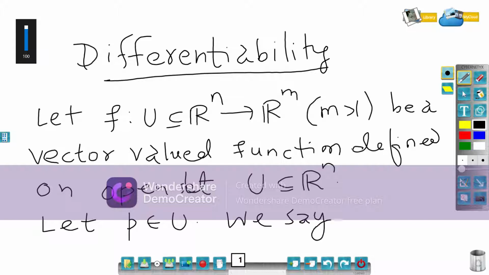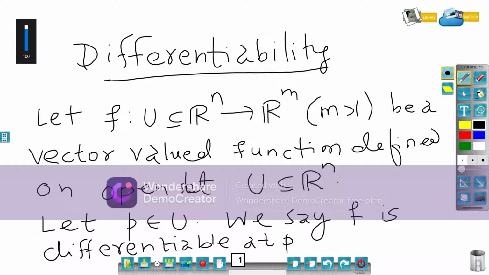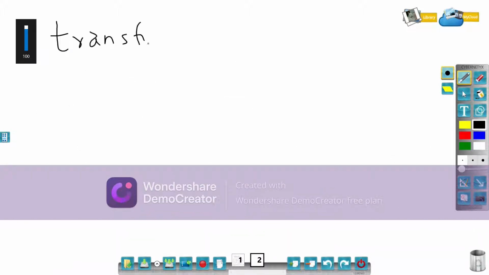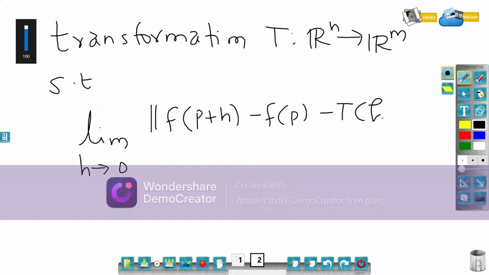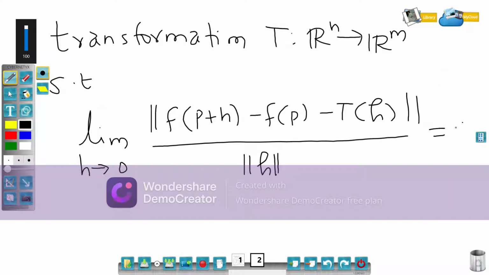We say f is differentiable at p if there exists a linear transformation T from Rn to Rm such that the limit as h goes to 0 of the norm of f of p plus h minus f of p minus T of h, the norm complete, upon norm h, should go to 0.